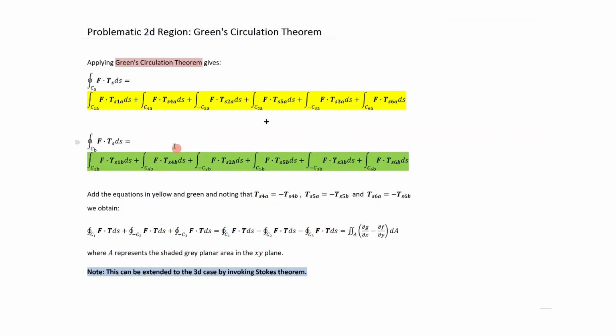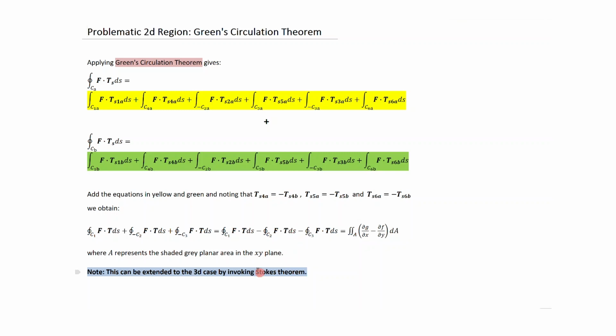All right, so that means the contour integral has been taken care of. And on the right-hand side, we're just taking the 2 areas and putting them together through a union. And so we can apply the right-hand side of the Green circulation theorem, which would be just to compute the partial of g with respect to x minus the partial of f with respect to y, and integrate over the region, which is the area that's shaded gray in the xy plane on the previous slide.